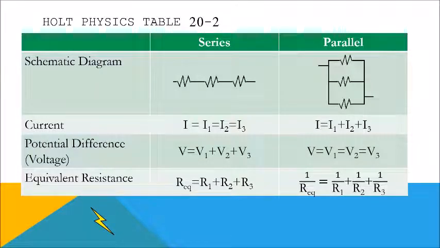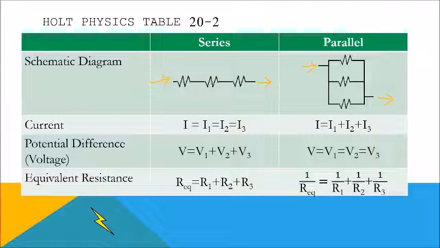This is a nice little summary of what happens in series and what happens in parallel. These diagrams for series and parallel are not complete circuits. They're just little sections of circuits. We would have to have some connections for the electricity to keep going in and going out.